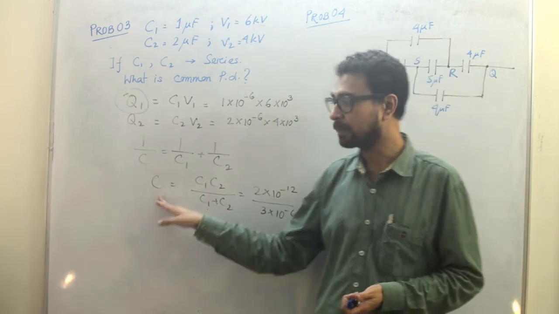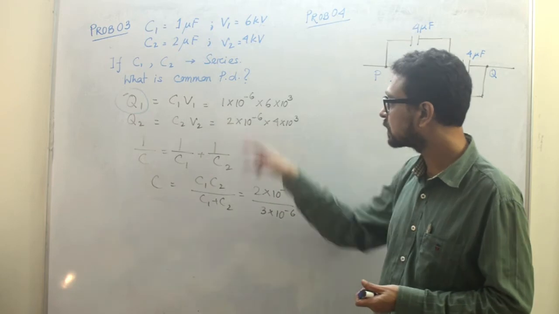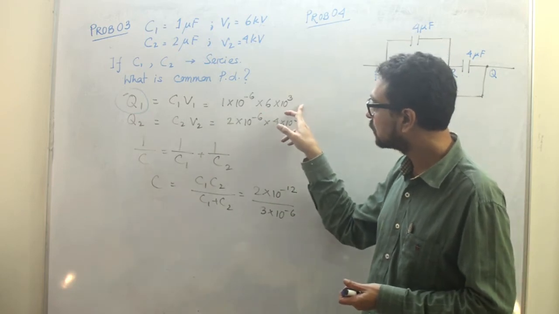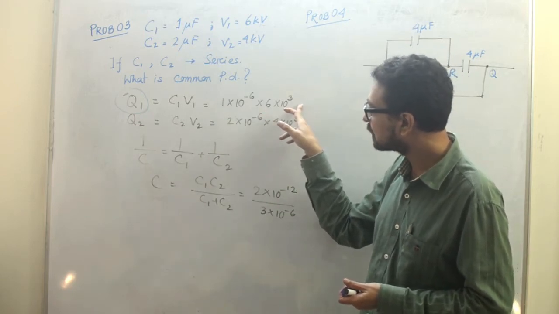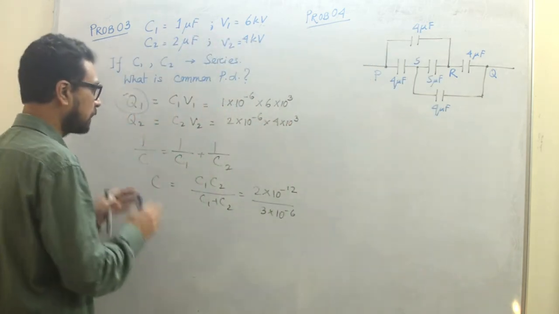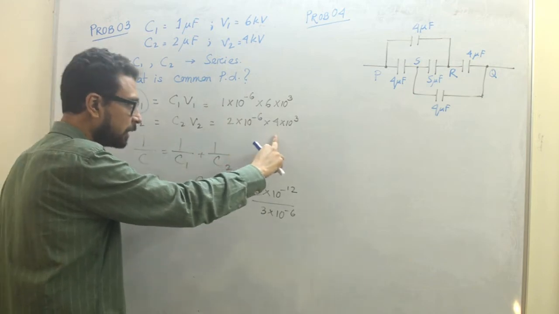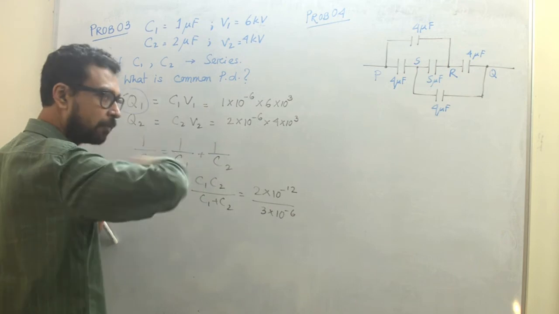We have the effective charge now, which is Q1, 6 into 10 to the power minus 3 coulomb. This charge will be taken, and the excess charge from the other capacitor, which is 8 into 10 to the power minus 3, will flow out.